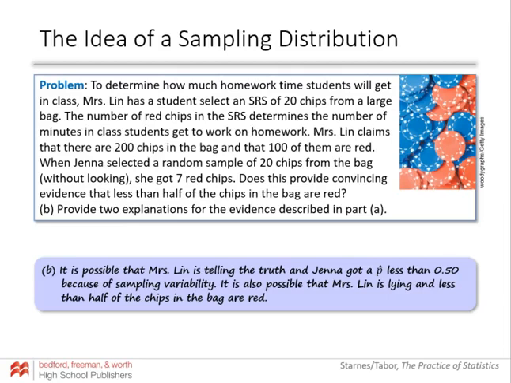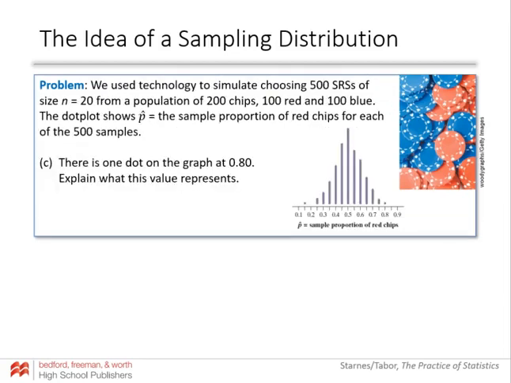It's just by random chance because not every sample is going to equal exactly the entire population. Explanation number 2 is the population is not actually 50-50. Half of the chips in the bag are not red, and Mrs. Lynn is lying. Well, how do we know which one is true?